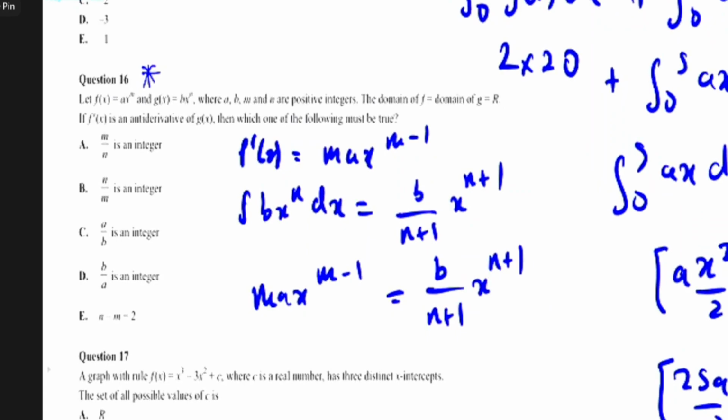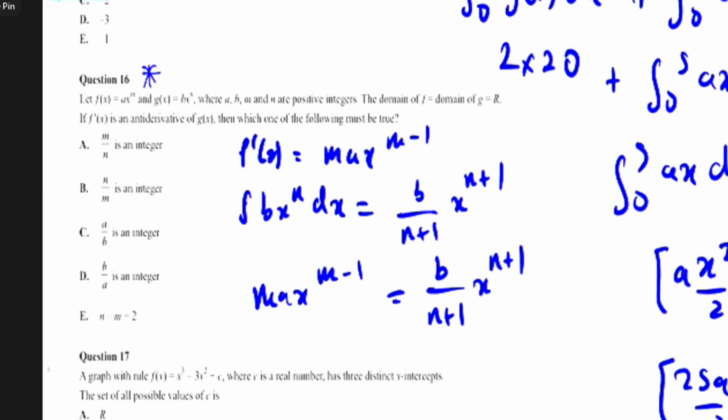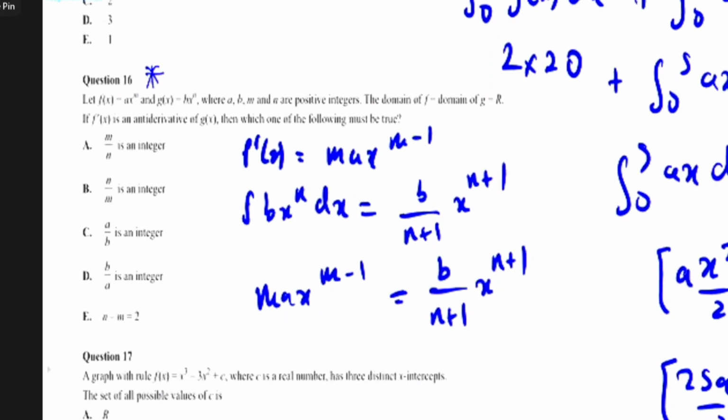And here I can bring m to the other side, and sorry, yeah, so I can bring b divided by a. Actually, I can rewrite this over here.